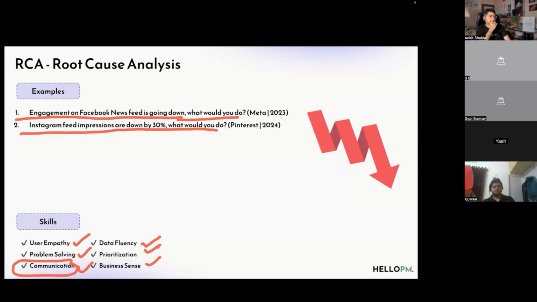Very good. Fishbone. Funnel analysis. Yes.